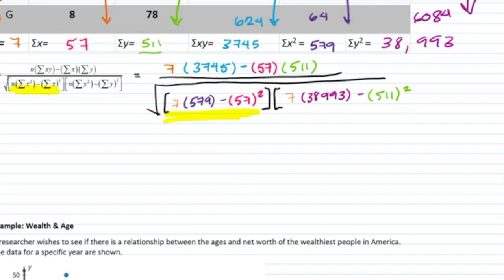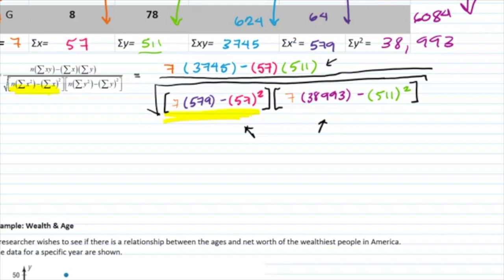And then I close bracket, and my square root goes all the way there. There we go. So what I recommend is that you calculate each bracket individually, and then you calculate the top of that equation.